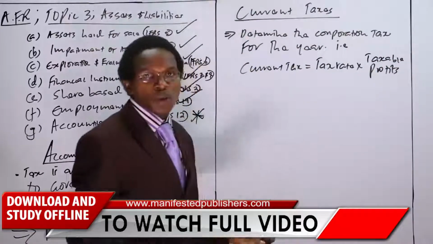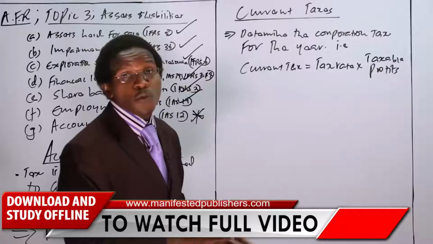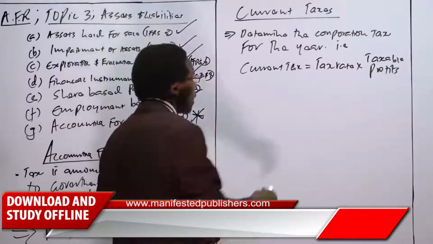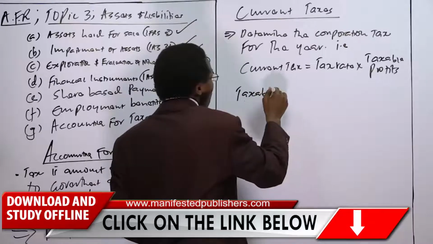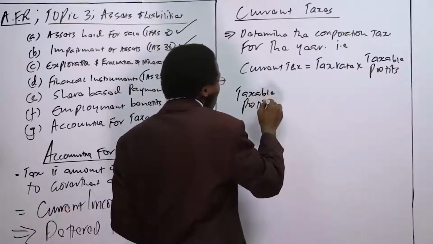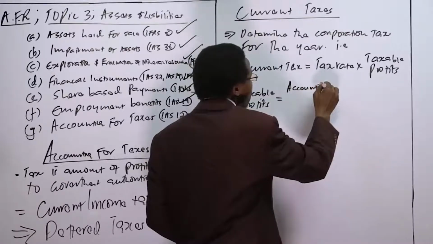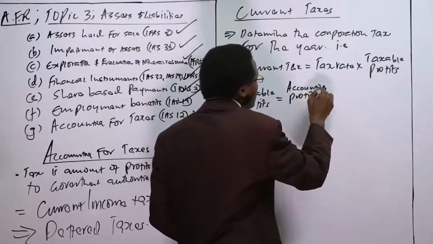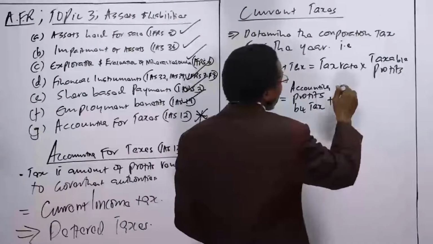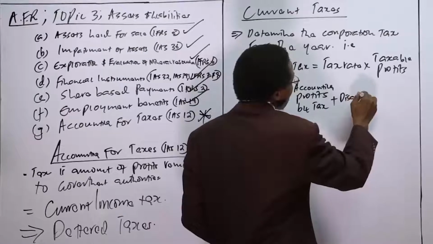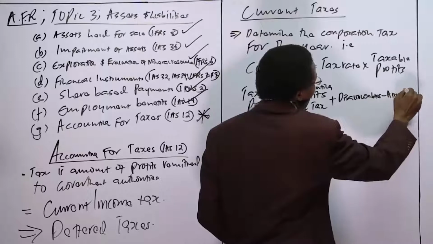I'll also remind you of something you must have done in the tax concepts in our taxation video. You know that we talk of taxable profits. Taxable profits are simply the accounting profits before tax, to which you add back the disallowables, then subtract the allowables.